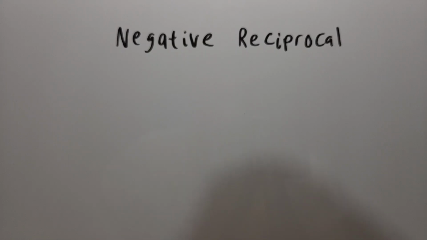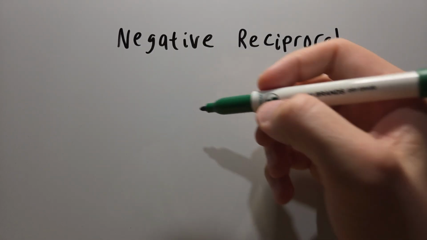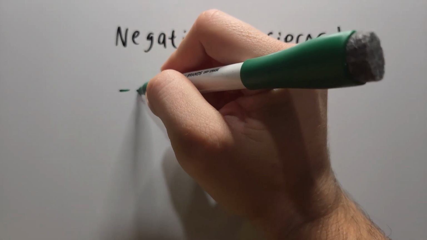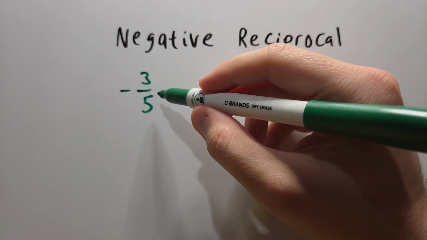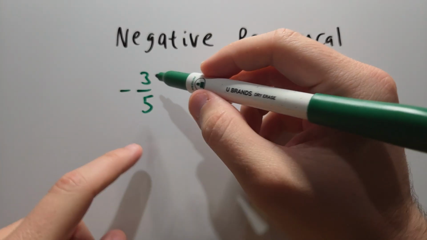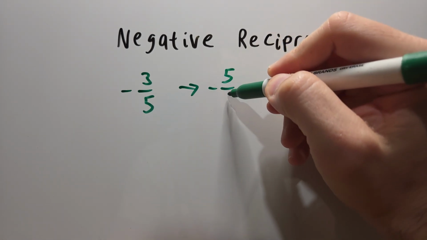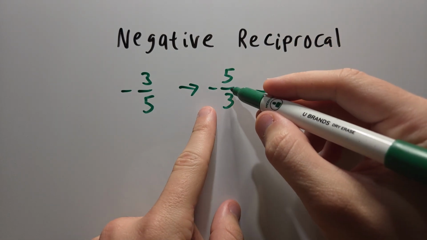So here's a couple of examples of how to find a negative reciprocal. If we start with a fraction, say -3/5, you're going to reciprocate the number, so you'll switch the top and bottom numbers. And then what you do is you take the negative of this.